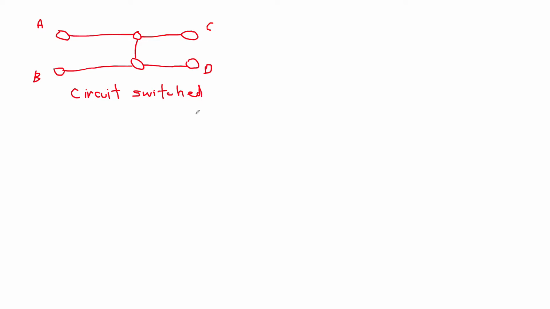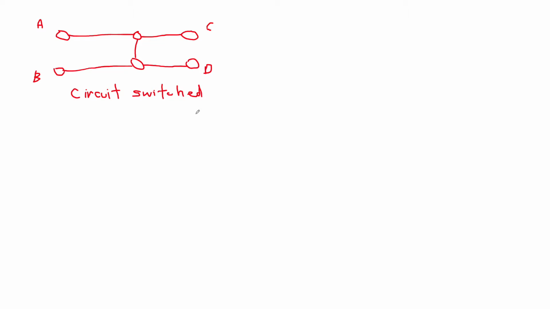Circuit switch networks are similar to the telephone lines that you see on the street. If you talk to your parents or grandparents, the way the phones used to be set up, only one person could use it at a time. And basically that's what circuit switch networks are like.